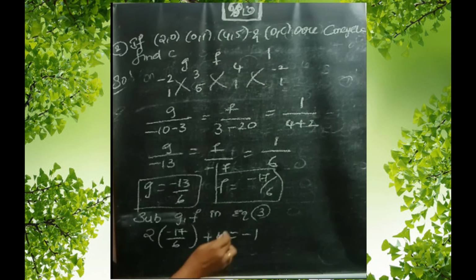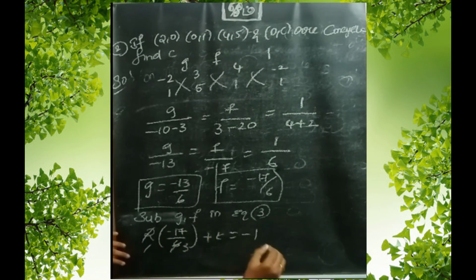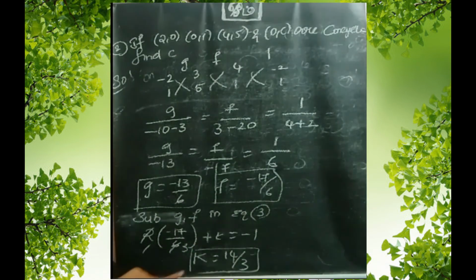This is equation 3. Now 2 1s are 2, 3s are 3. While solving we will get k equals 14 by 3. Okay, this is the k value, k equals 14 by 3.